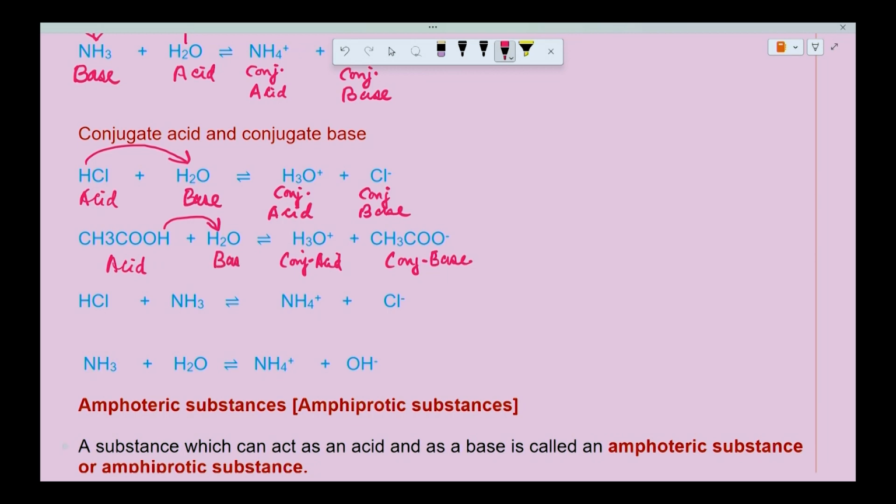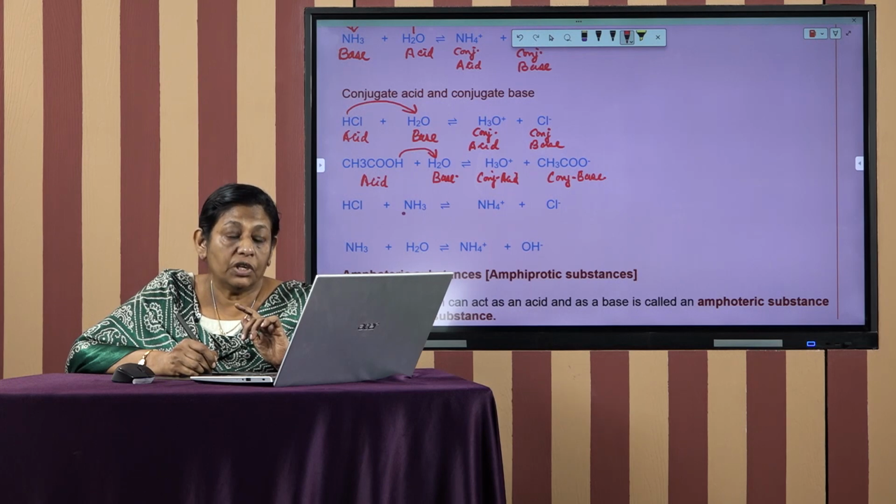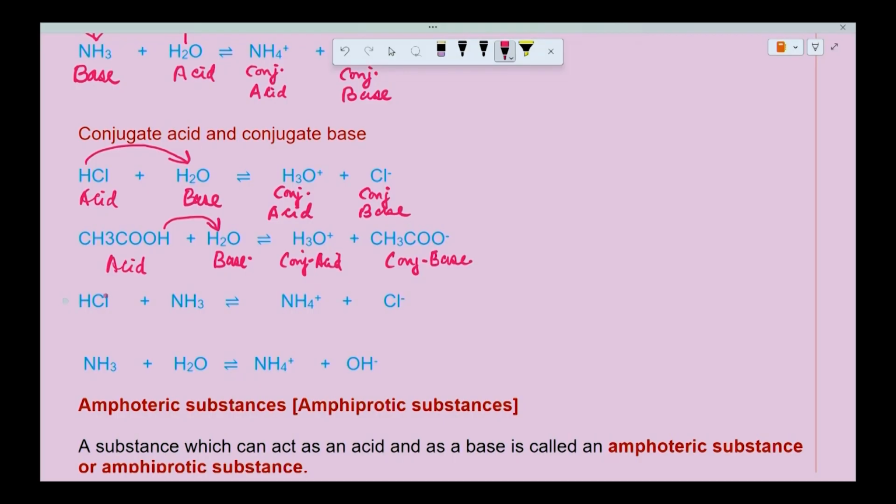Again, HCl when treated with ammonia, which is a base, here this was neutral water, in this case we are going to take ammonia and you can find that HCl donates a proton to ammonia, it becomes NH4 plus and Cl minus is left out.